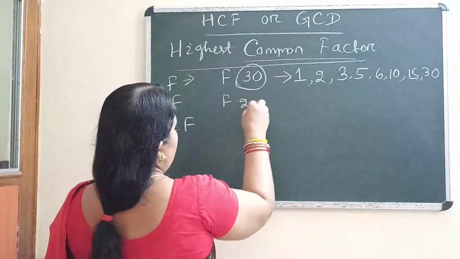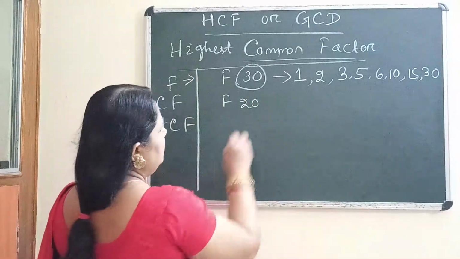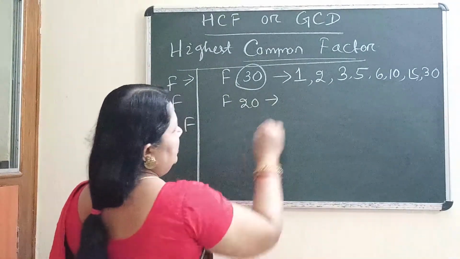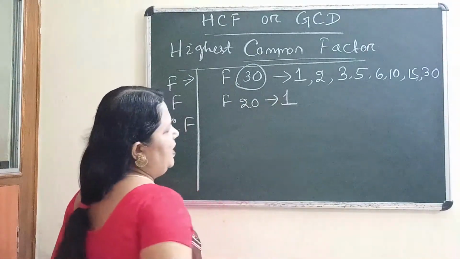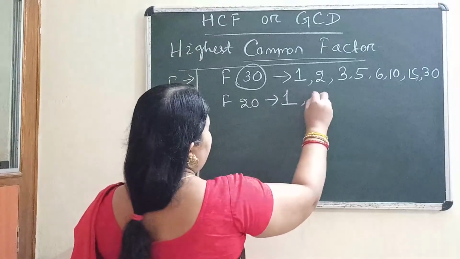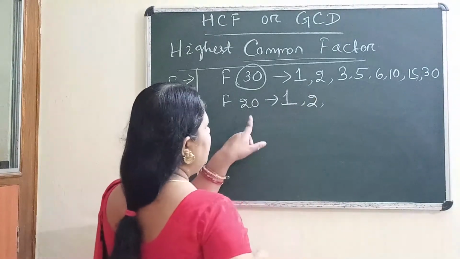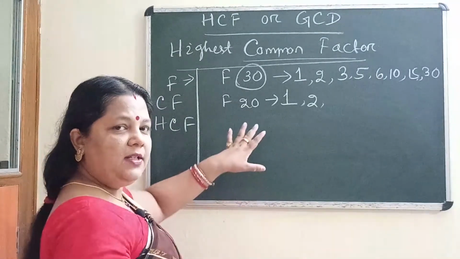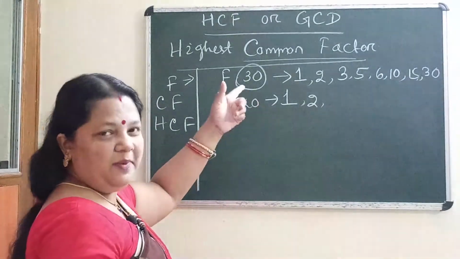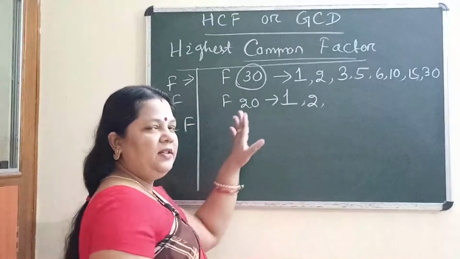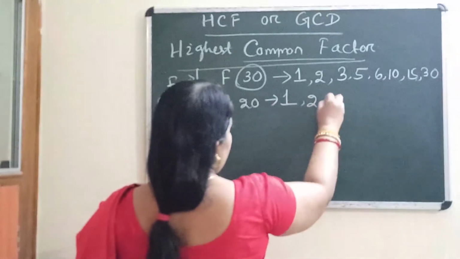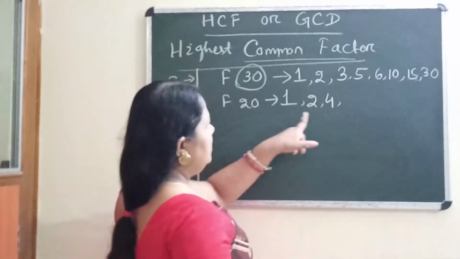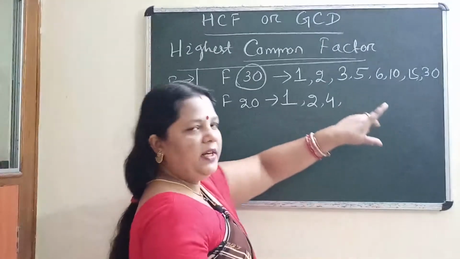Factor of 20. Okay, factors of 20. It is also starting from 1. 20 is divisible by 2, so 2 is a factor. Then 20 is divisible by 3? Am I right? No. 20 is not divisible by 3, so 3 is not a factor of 20. Then 4. 4 is a factor because 20 divided by 4, we are getting 5.